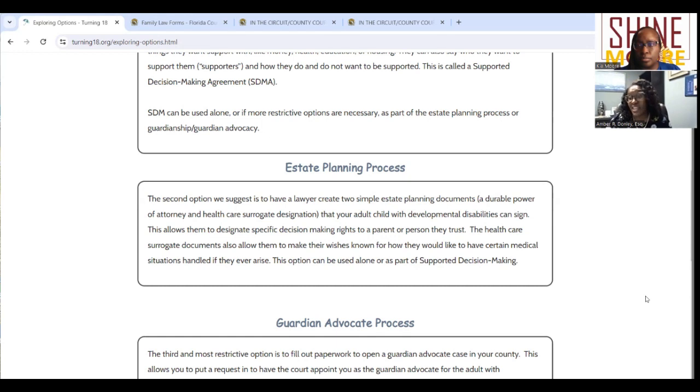So they would sign off giving authority to someone versus the court giving someone authority over them. But again, somebody high functioning, independent, with the ability to say, I want a durable power of attorney because I want my mother to make financial decisions for me, or I want a healthcare surrogate because I want my dad to be able to make decisions for me regarding healthcare decisions, which is an option for those who are high functioning.